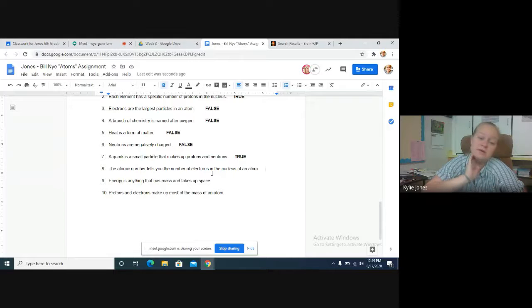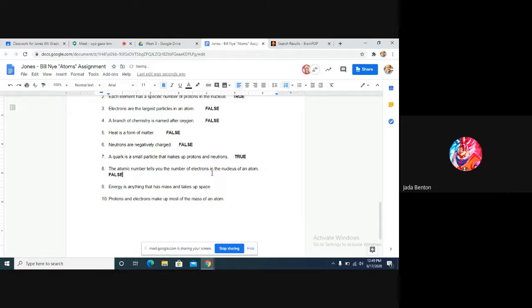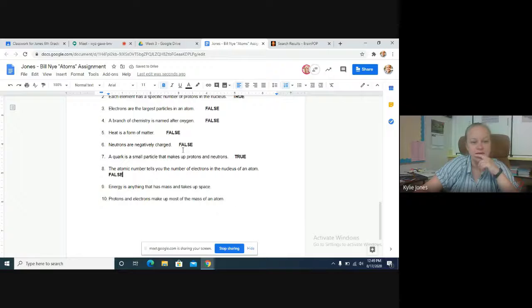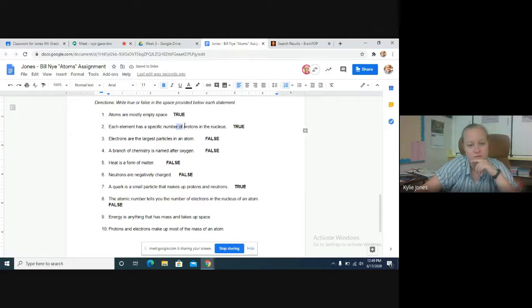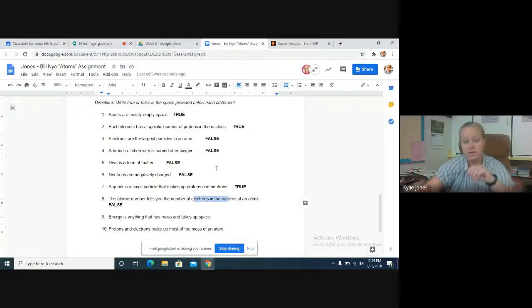So it's actually going to be false. Because it says right up here, each element has a specific number of protons in the nucleus. So there's no electrons in a nucleus. The electrons float around, not inside.